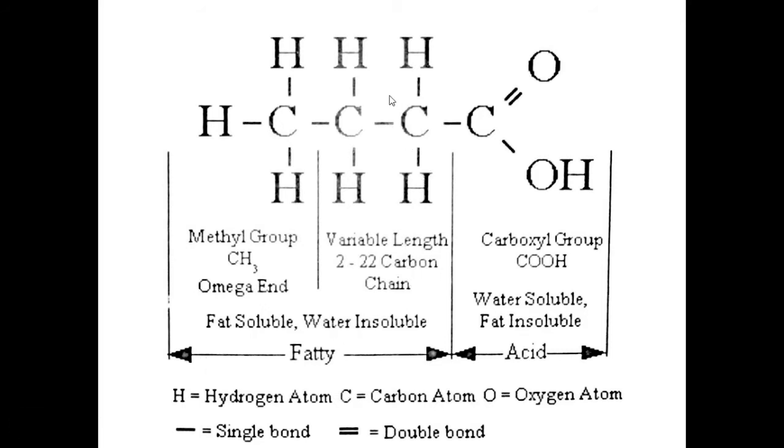And this is the fatty part, the water-insoluble part of the fatty acid. This is of course a single bond, and this is a double bond. So these are the basic parts of a fatty acid.